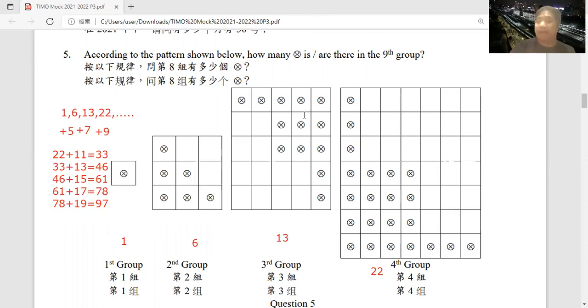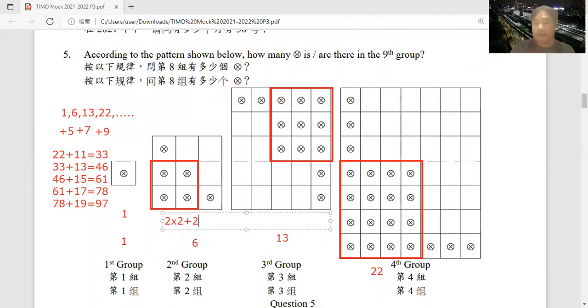Or there's another way to do it. Let's see. For every diagram, we have a square here. This is 1. This is 2 × 2 + 2 × 1. And this is 3 × 3 + 2 × 2.